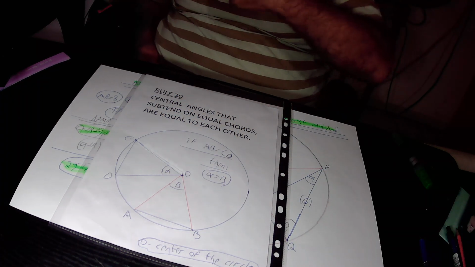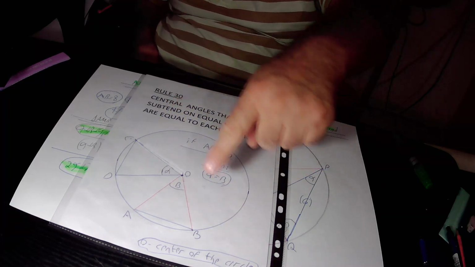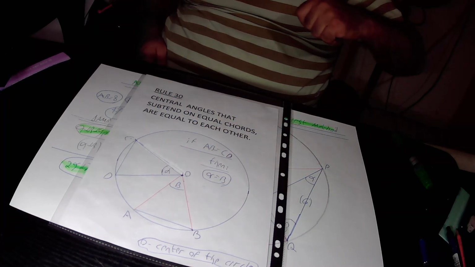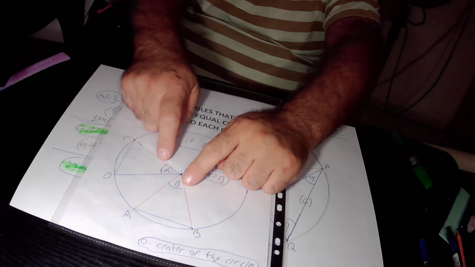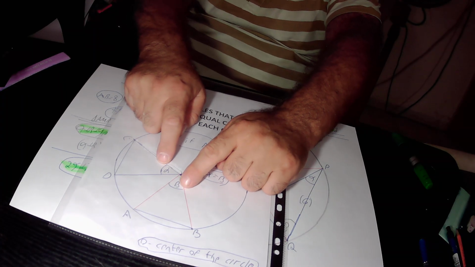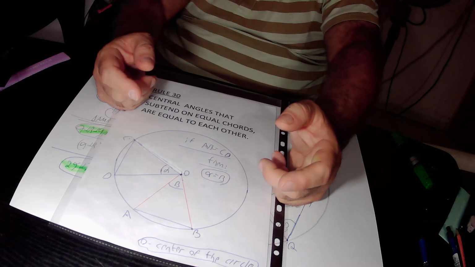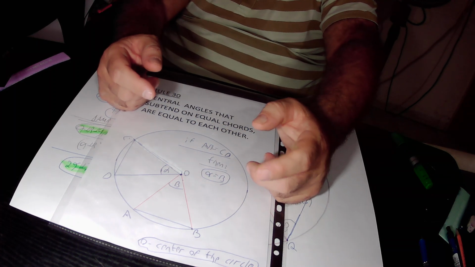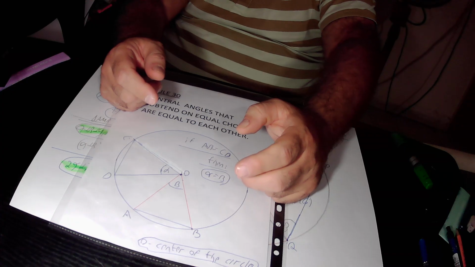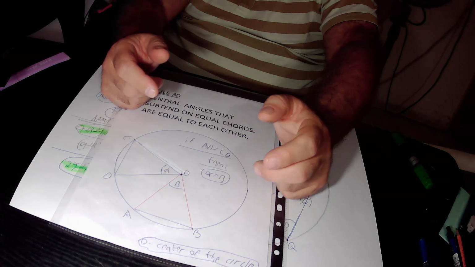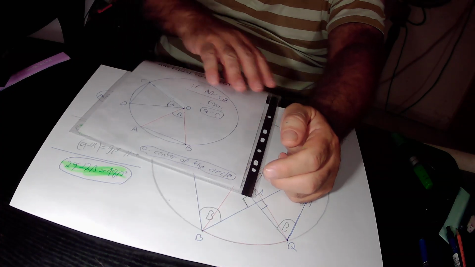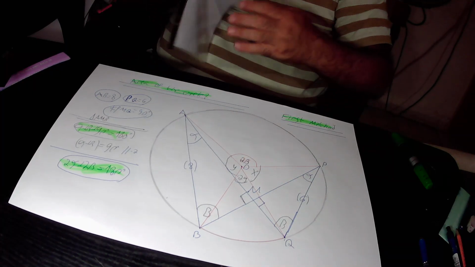According to rule 30, if chord AB equals chord CD, then those two center angles must also be equal to each other in their sizes. That is to say, alpha equals beta. So if 2 or more center angles subtend on equal chords, they must also be equal to each other in their sizes. We can implement rule 30 in our drawing.